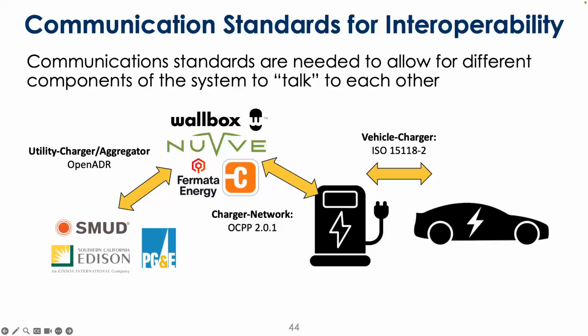You need some kind of interface between the chargers and that aggregator, and OpenADR is one example of a communication standard to do this. But most importantly, there's communication between the vehicle and the charger, the charger and your network, and then the network and your aggregator and utilities.